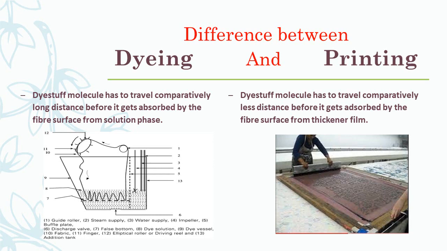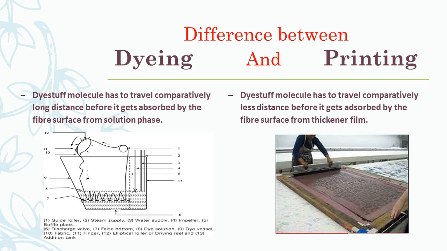from thickener film. Now in printing what do we do? We apply the color generally with the help of some medium. It may be block, it may be screen, or it may be any other medium like stencil. So the color paste is immediately deposited onto the textile substrate with the help of any of the medium. So the dye is already deposited onto the surface.